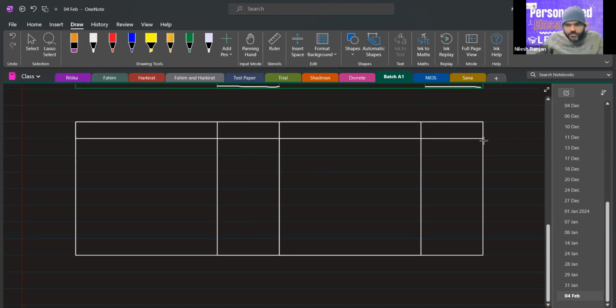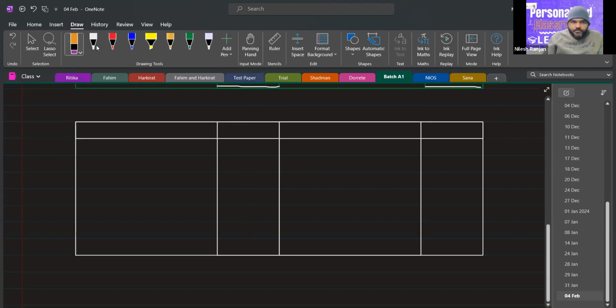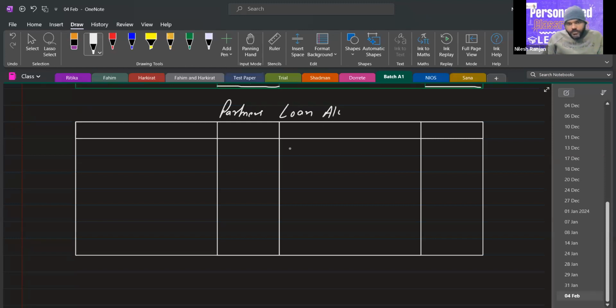So this is your partner's loan account. By balance c/d, not c/d, it is b/d.